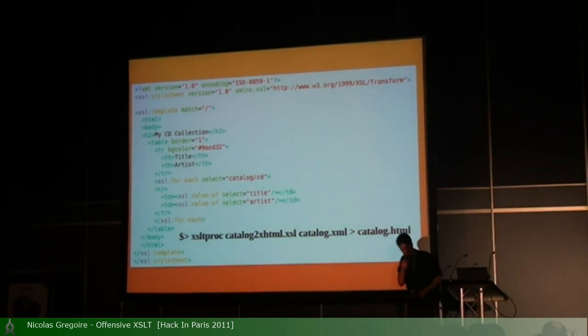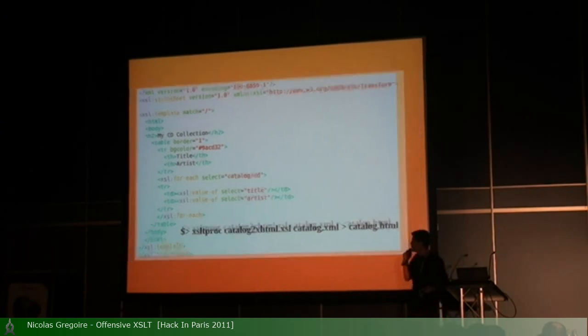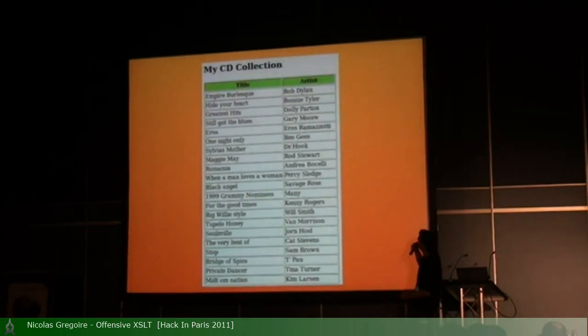So it's really basic. I generate the header of the HTML page. I begin a table, and for each row, I fetch the CD entry in the catalog, extract title and artist, and insert them in the result page. So you get this kind of output.